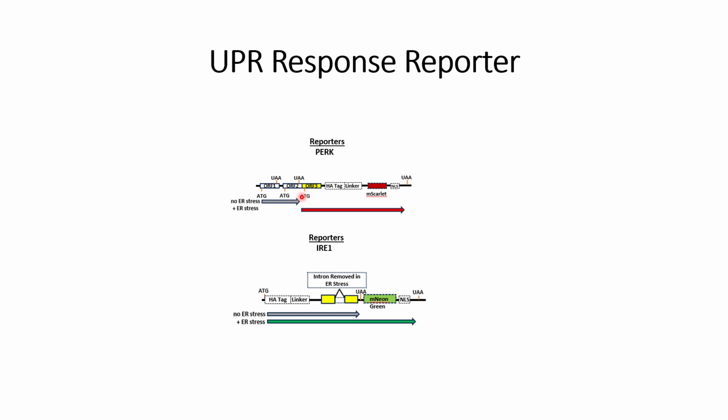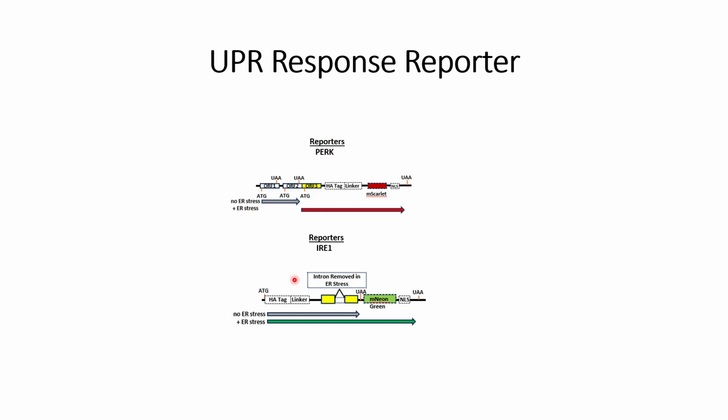In this case, translation begins in this ORF3 part and ends at UAA. In this region, the reporter includes the mScarlet fluorescence signal. So whenever there is ER stress, the reporter translation will occur from this side, and simultaneously mScarlet will also get translated. In this way, this PERK reporter can act as a signaling indication whenever the UPR response triggers the PERK signaling pathway.